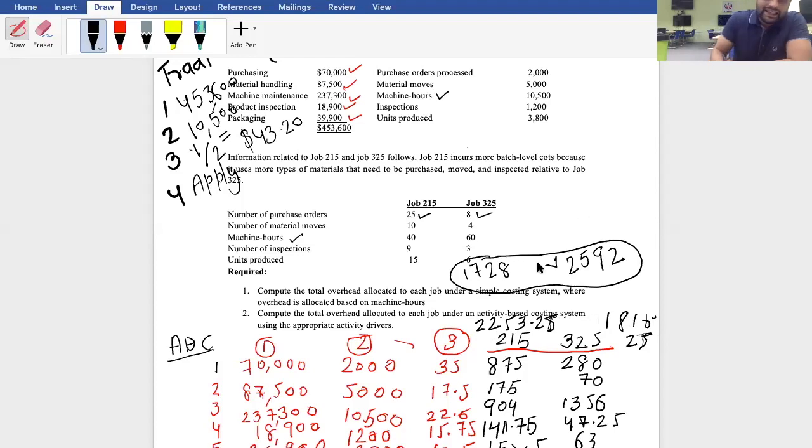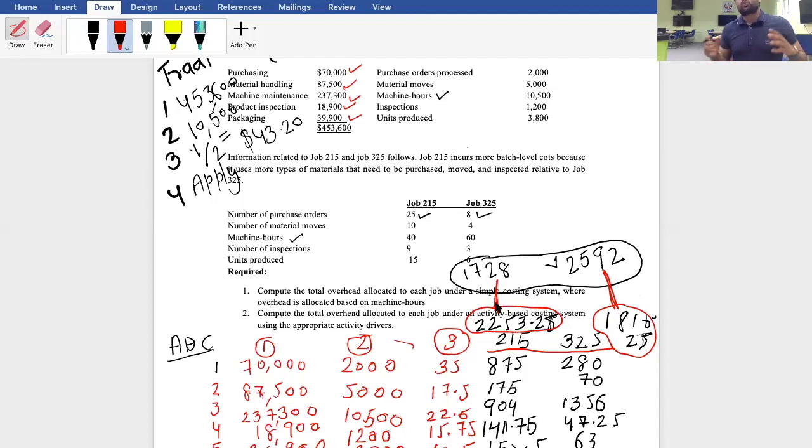So this is the cost allocation using activity-based costing, and this is for another job, all right? And this is for traditional. So now you can see there is a difference. Of course, there's going to be a difference.